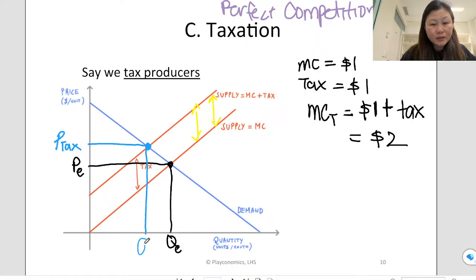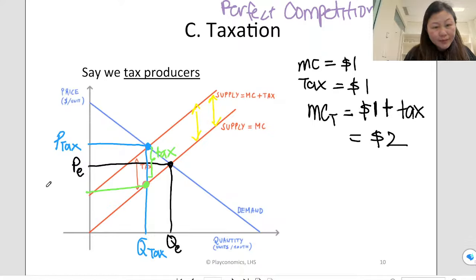So this is the quantity that we're going to produce at the point where we included the tax. Okay. So if we look at this point here, maybe I should use a green, this point here. See how this is tax?